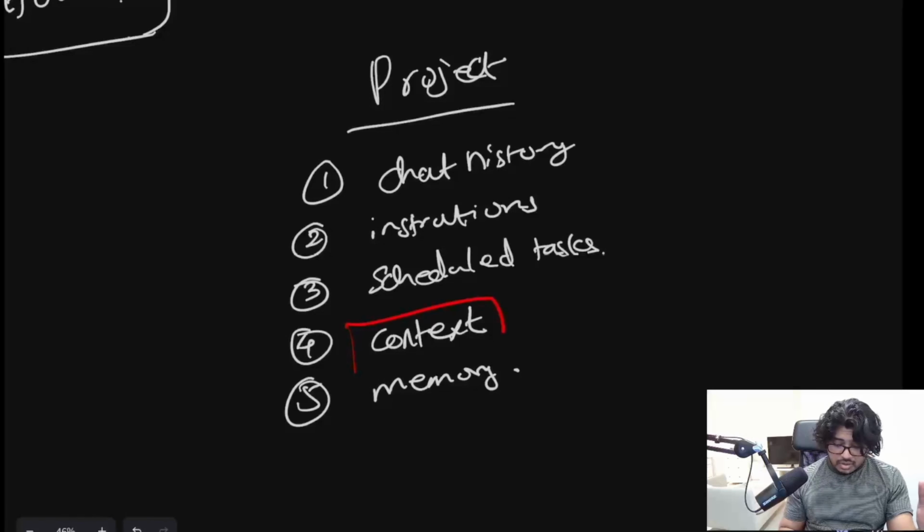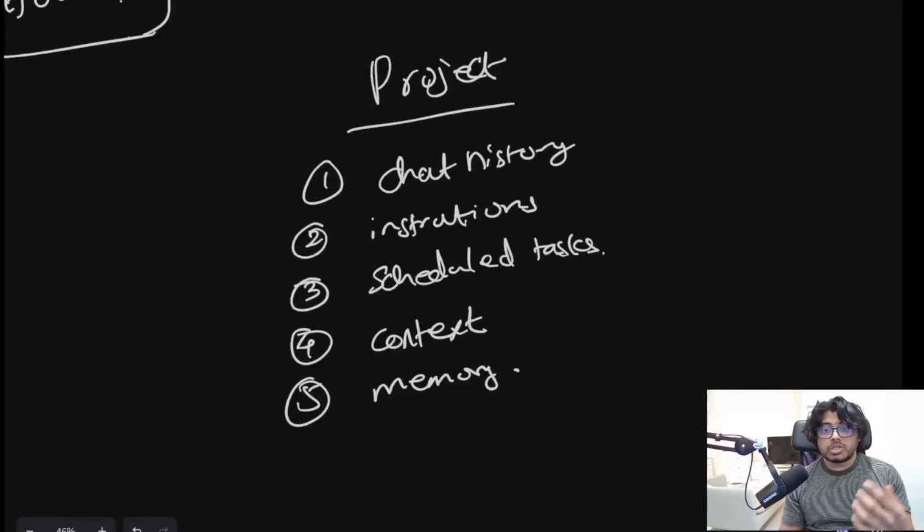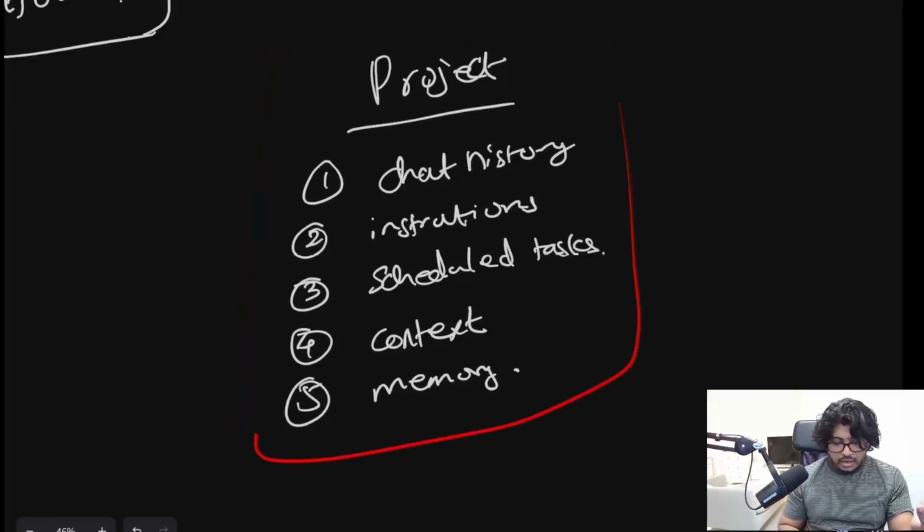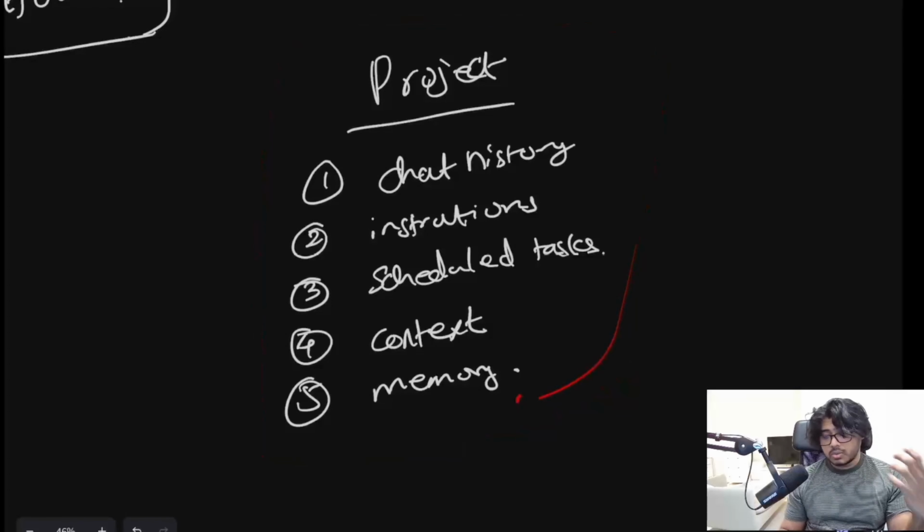And then it's going to have context based on your documents, files, etc. And then it's going to have a memory, which is going to remember whatever you want it to remember.